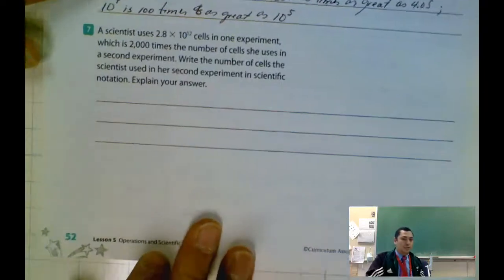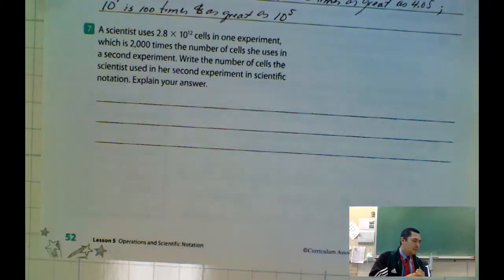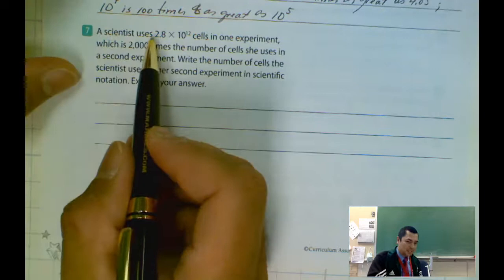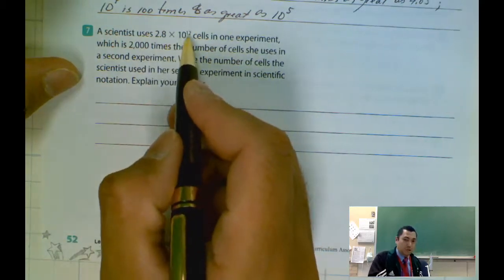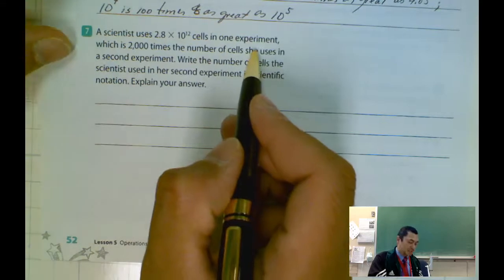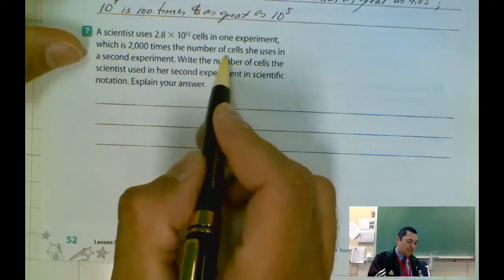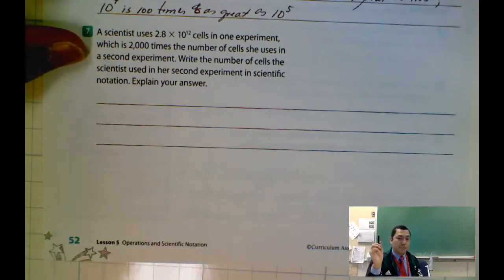Okay, so number 7 is a challenge problem. It's a challenge problem we're going to have in number 7. The problem says, remember, we need to read, a scientist uses 2.8 times 10 to the 12 cells in one experiment, which is 2,000 times the number of cells she uses in a second experiment. 2,000 times.